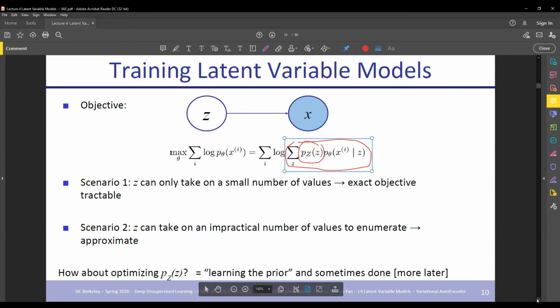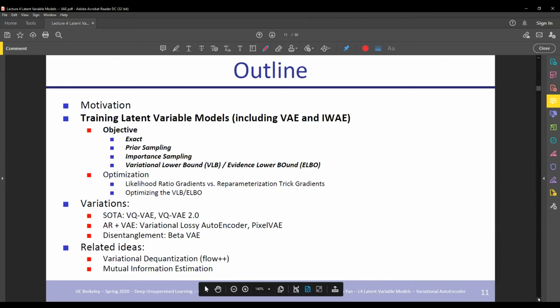But first, let's start with the assumption that the latent variables are coming from a small number of distributions, so they're very tractable and exactly learnable. This is the sequence of steps we'll take to get to the very general case, with the least amount of assumptions with respect to Z. But we'll start with the exact case.